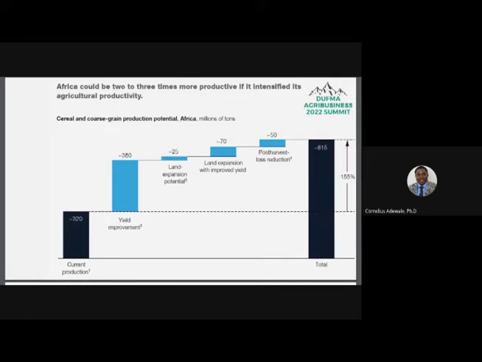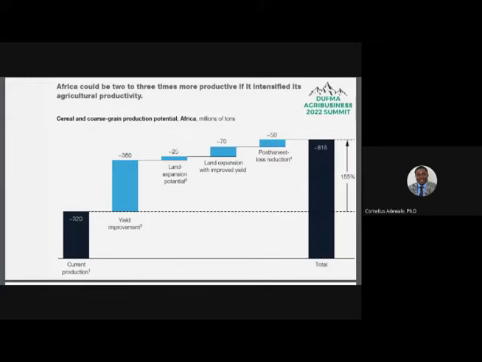For instance, they look at the current production in terms of millions of tons of cereal and grain production, put it around 320. But in terms of the potential, we could double the yield. For instance, the yield we are getting from maize, or even from cassava, or from oil palm, or even from plantain, as we went through in the last session, could be much more.